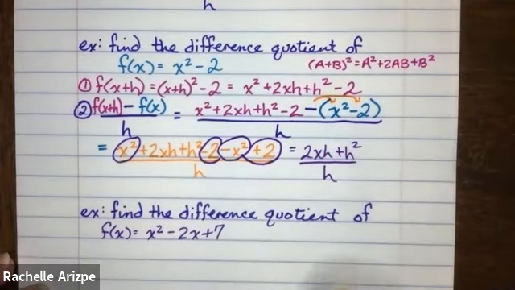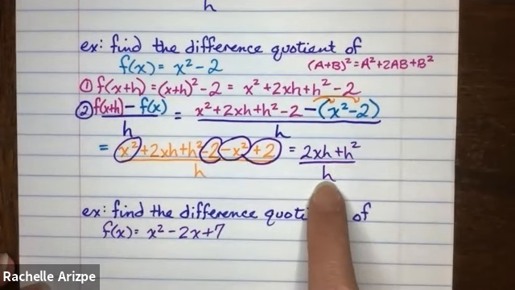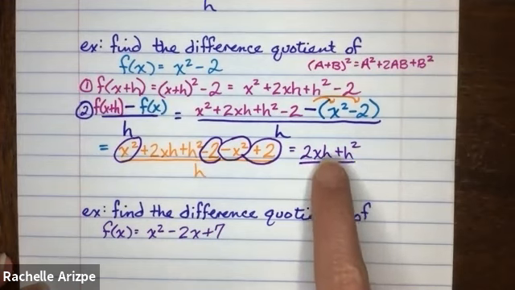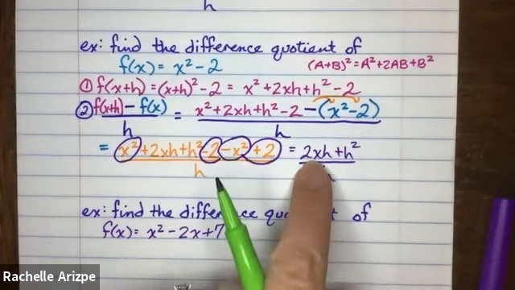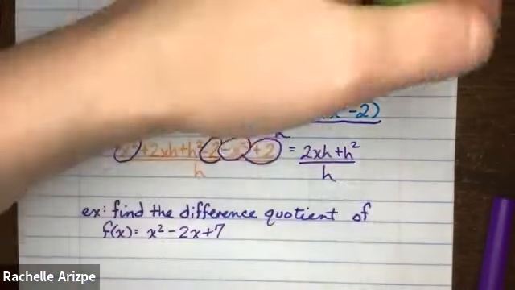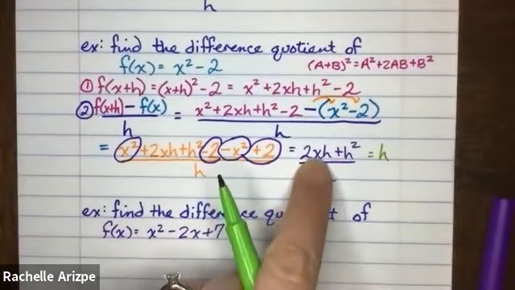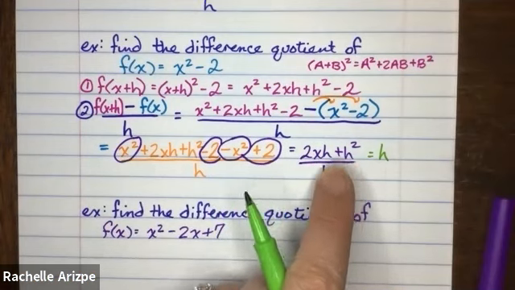Now we have two choices. We could separate this into two different terms and then divide each term by h, or we can do what is called factoring out our GCF, our greatest common factor. If I factor out that greatest common factor, that's the biggest number or the biggest thing that these two terms share, that number would be h, because both 2xh and h squared are divisible by h.